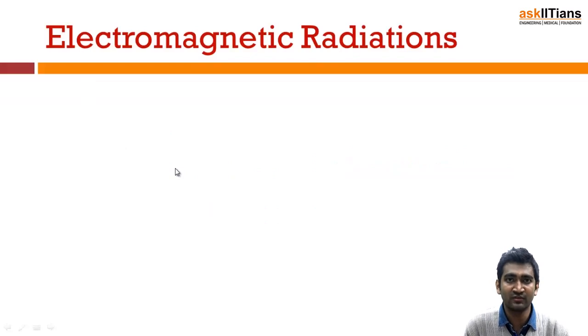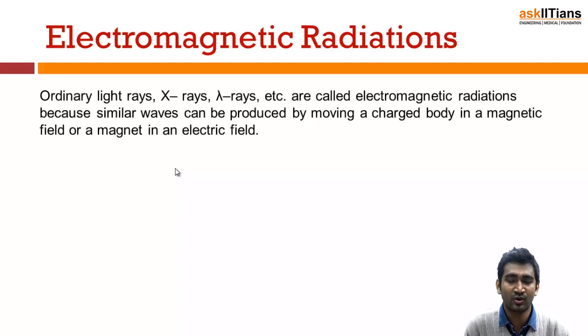First of all, we'll see what exactly is meant by electromagnetic radiations and what their properties are. Suppose X-rays, gamma rays: why are they called electromagnetic radiations? Because they can be produced by a charged body in either a magnetic field or an electric field.